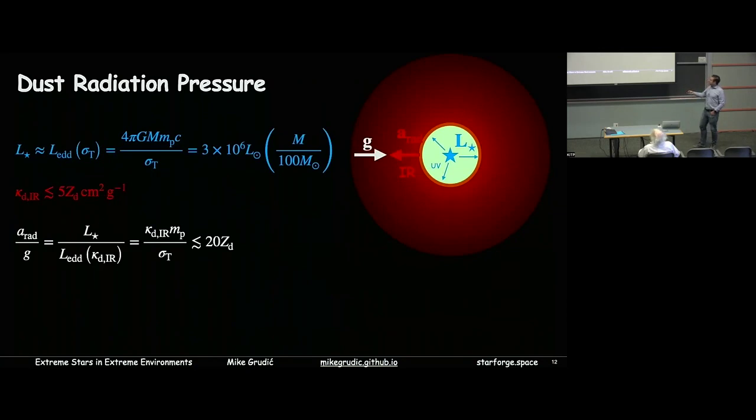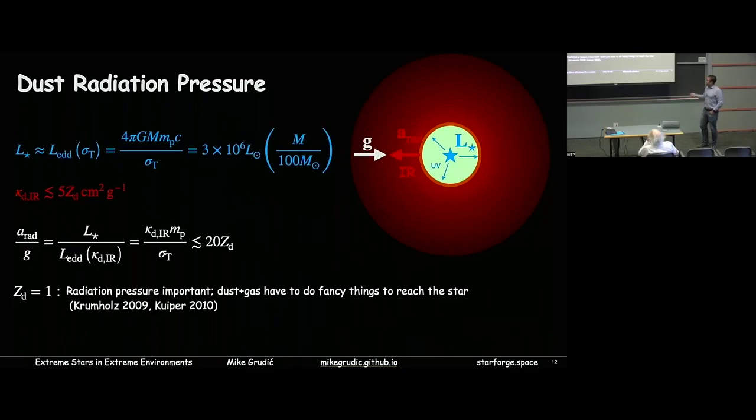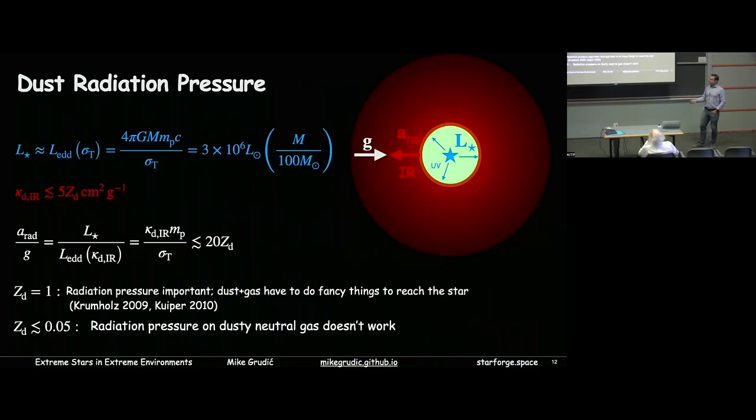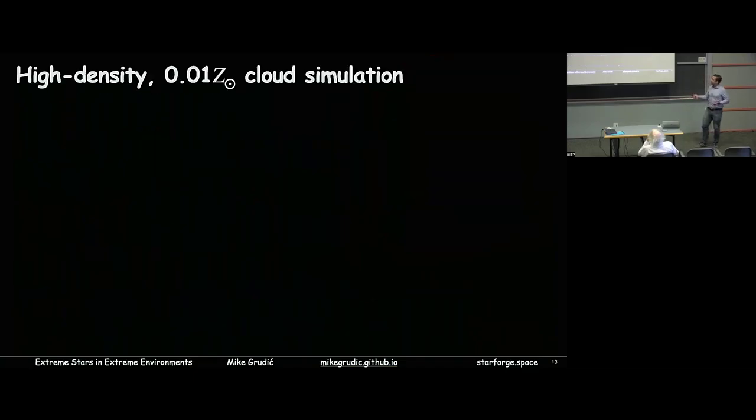So your Eddington ratio, the ratio of radiative to gravitational acceleration, actually ends up being just a function of this sort of scaled dust metallicity, or the dust-to-gas ratio. What this means is that at solar metallicity, radiation pressure on dust grains is important, but at low metallicity, radiation pressure on dust grains can actually do very little to regulate the accretion of massive stars.